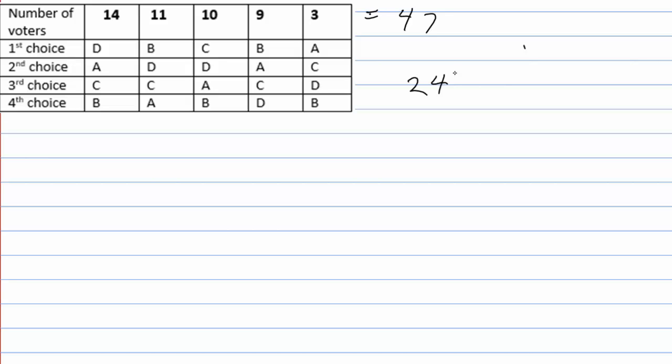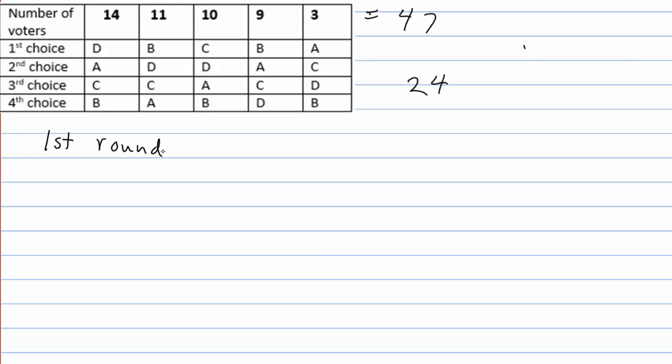And nobody has 24, and when we're looking at the votes, we're looking at the first choice votes. We can ask, does anybody have 24 first choice votes? And no candidate satisfies that condition.